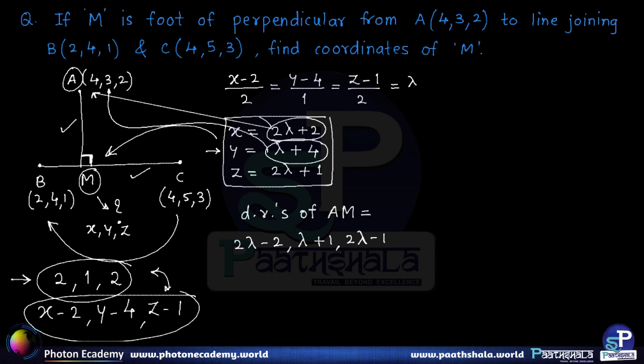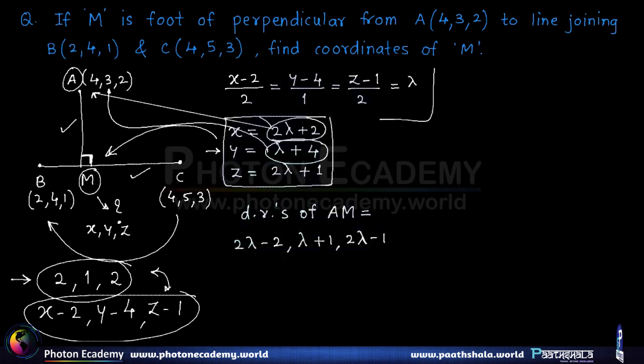Now since the two lines are perpendicular, when we take the corresponding products of direction ratios, their addition must be 0 as per the condition for perpendicularity, correct?